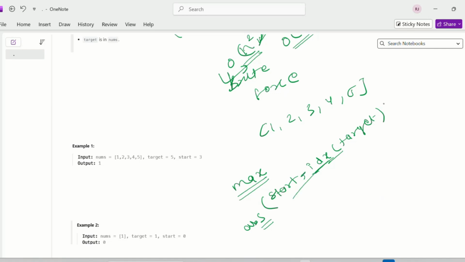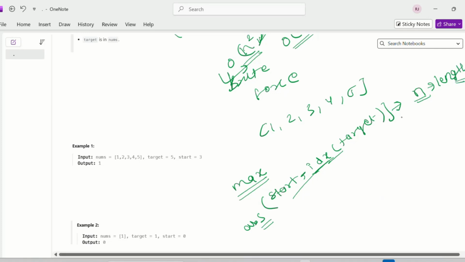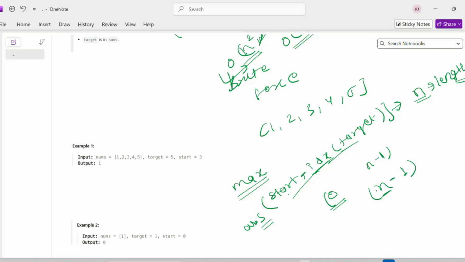So what can be the maximum possible value for this? The maximum possible value will be n, the length of the array. Because the start and target value indices range from 0 to n minus 1, the difference can go at most up to n minus 1.